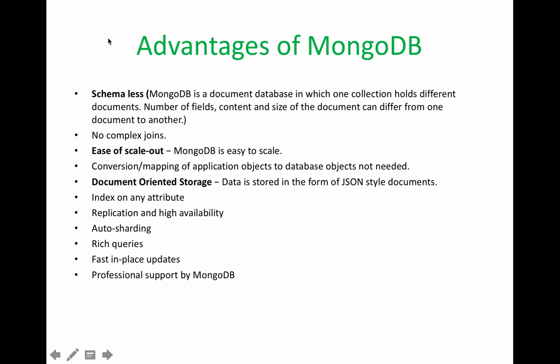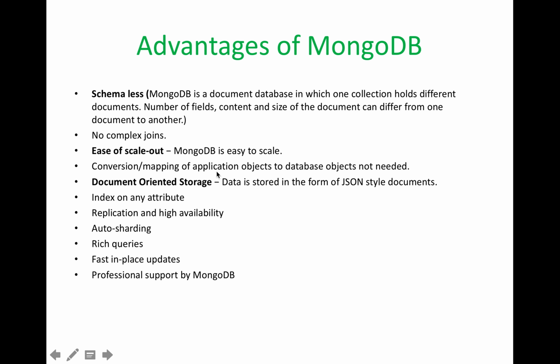What are the main advantages of MongoDB? One is schemaless. MongoDB is a document database in which one collection holds different documents. The number of fields, content, and size of documents can differ from one document to another. No complex joins. Ease of scale-out. MongoDB is easy to scale.